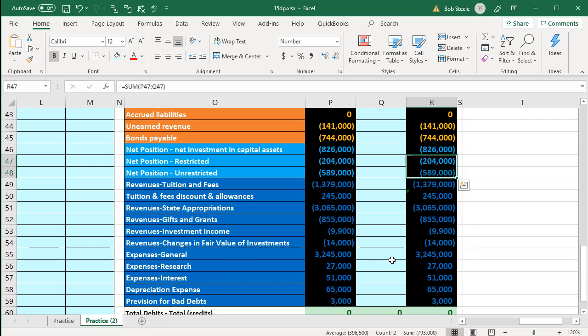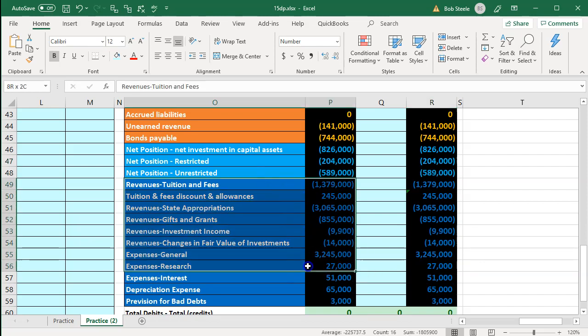So just like in a for-profit organization, we're going to take these temporary accounts down below. We want to close them out into the net position section. It would be the equity section in a for-profit, net position section here. In a for-profit organization, you'll note that we typically do this in maybe a four-step process you might be familiar with.